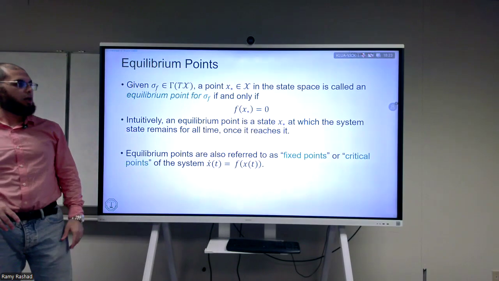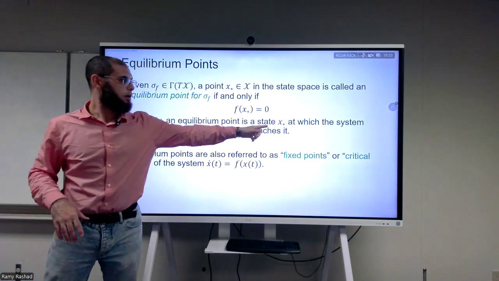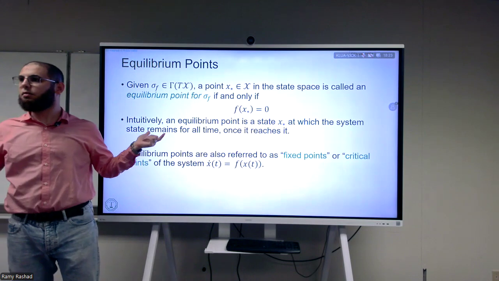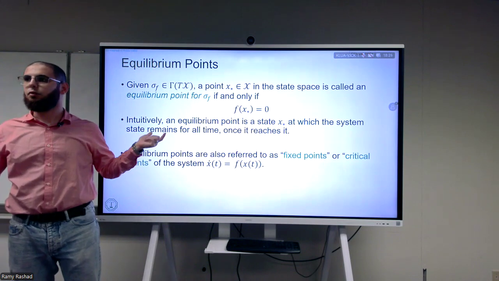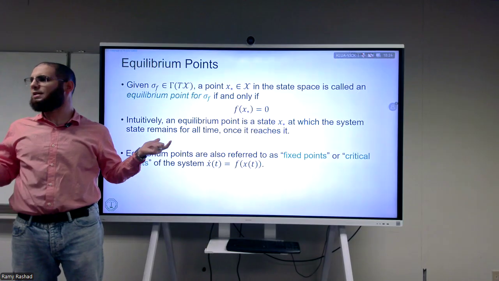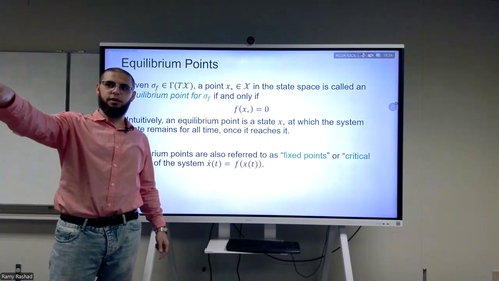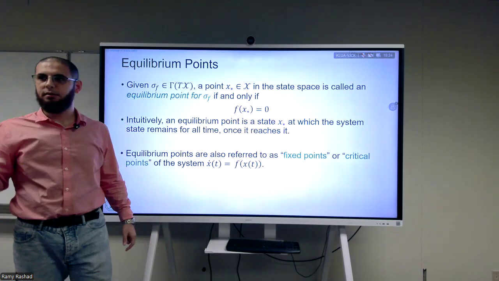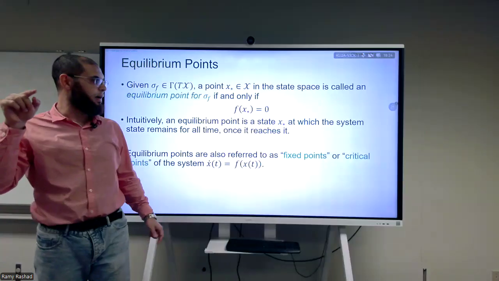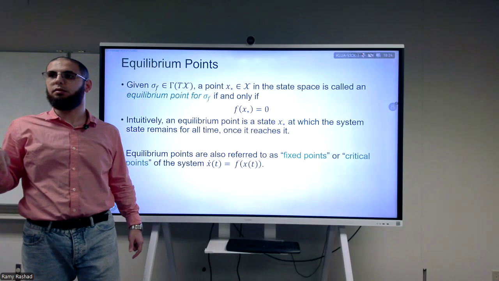Make sense? So an equilibrium point is simply a state that if you start at it, what happens? You stay at it for all time. Why is that? If I'm at x star, what happens? f of x will be what?